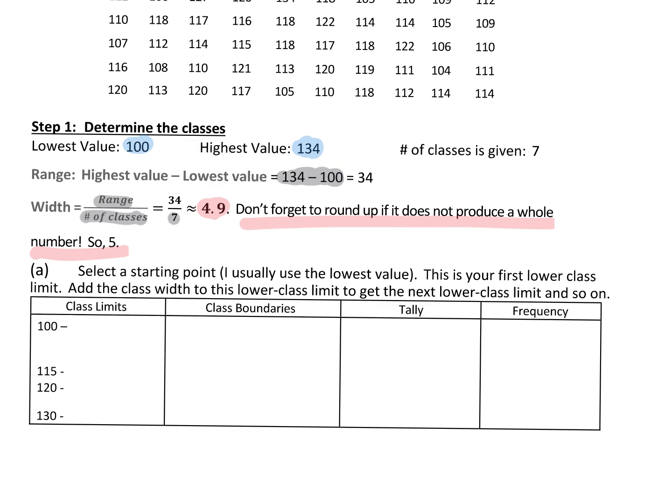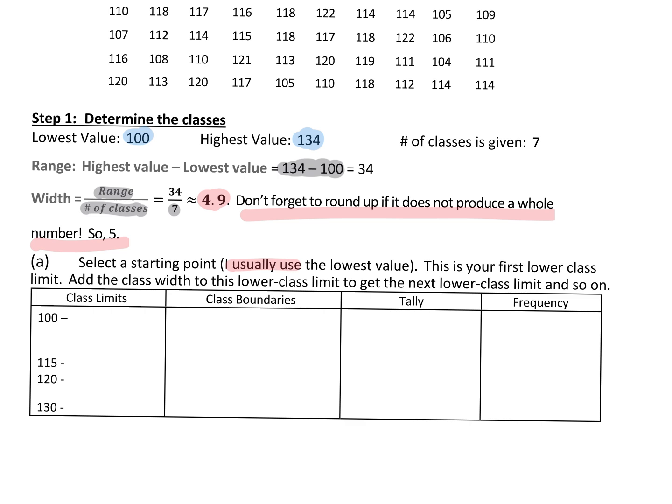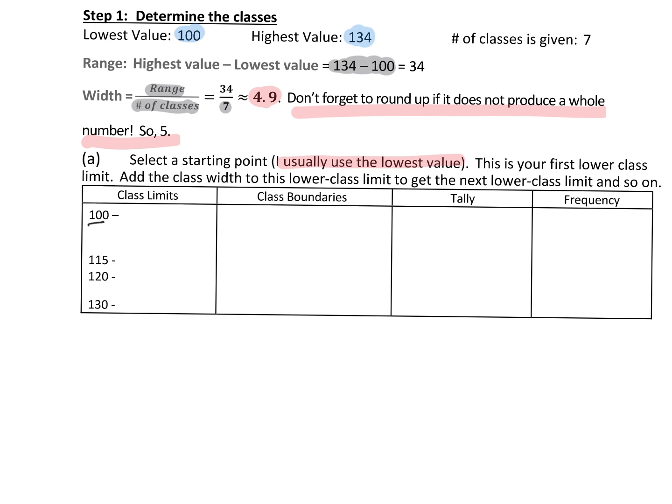All right, so we're going to select a starting point. I usually use the lowest value, and this is going to be the first lower class limit. The way I'm going to find the class limits is I'm going to start with 100, and then remember our width is 5, and that width is going to help us with the lower limits. So I'll do 100 plus 5, which is 105.